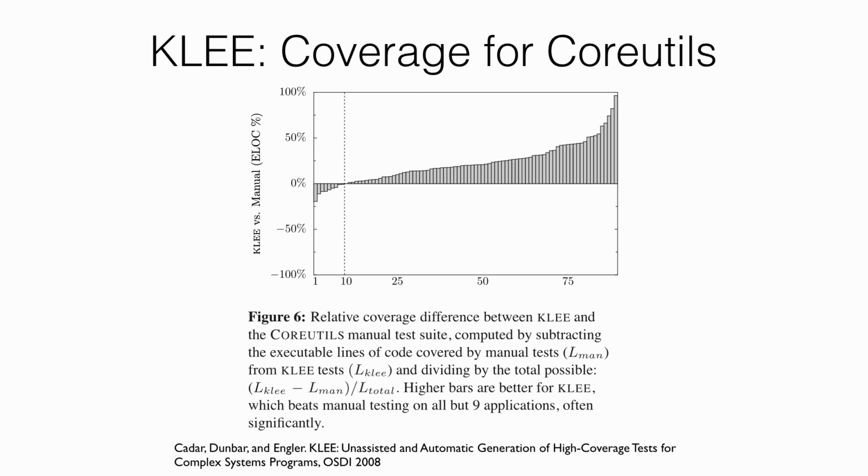This chart shows that KLEE is better at testing than the manual test suite. We make that determination by looking at the lines of code covered by tests, in particular, the lines covered by KLEE tests. From them, when we subtract the lines covered by manual tests, we see that for all but 9 programs, KLEE covers more lines than the manual case.